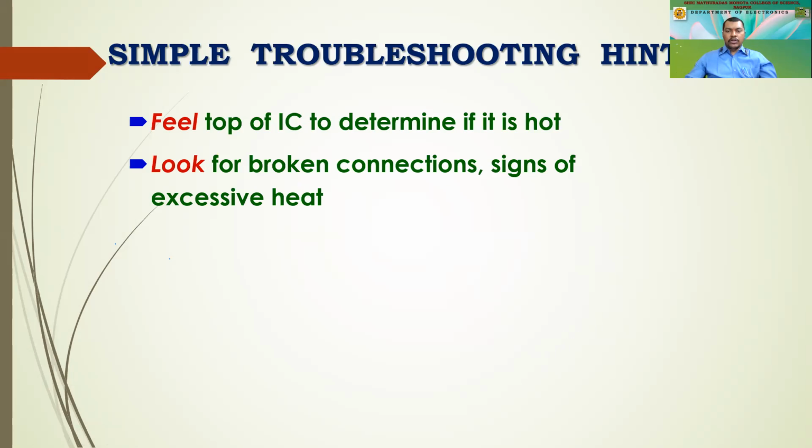Look for broken connections and signs of excessive heat. If any wire shielding is open somewhere, use it very properly. Smell for overheating. You can smell the IC if it is heating or burning; there is a pungent smell which can be sensed by our nose.